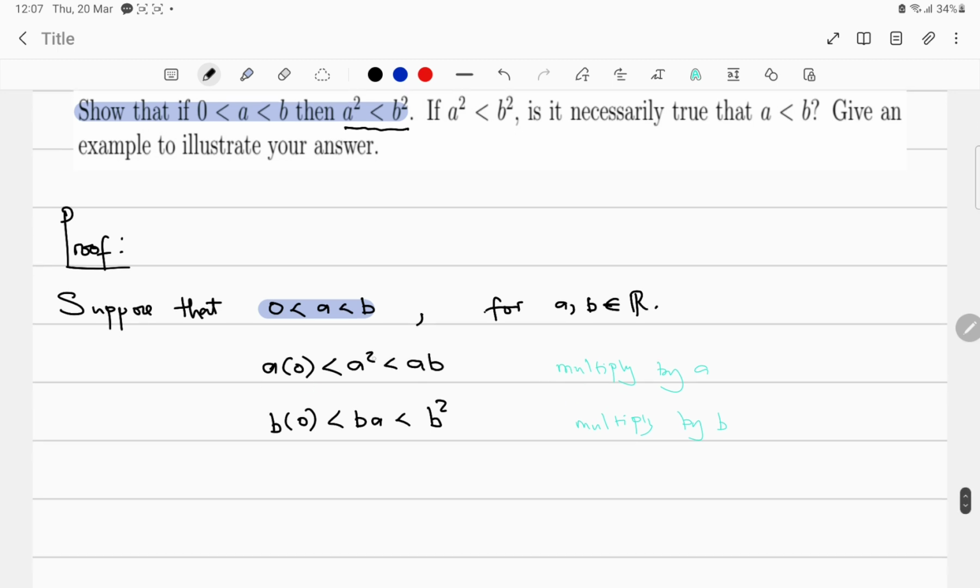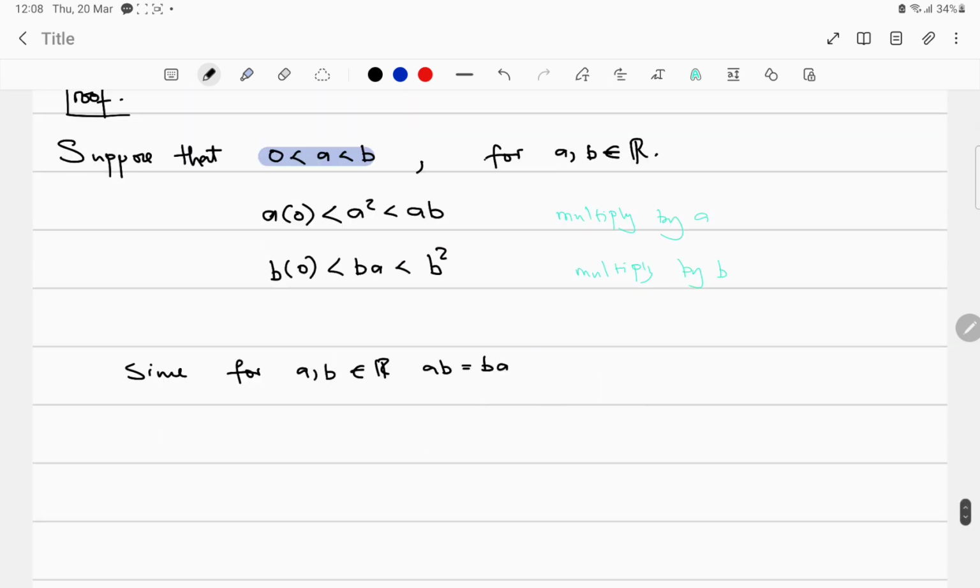So you can actually see this formed something new. For the first one, we have 0 is less than a squared, which is less than ab. And for the other one, we have 0 is less than ba, which is less than b squared. So since for a and b elements of real numbers, ab is equal to ba, we know this is the commutative law.